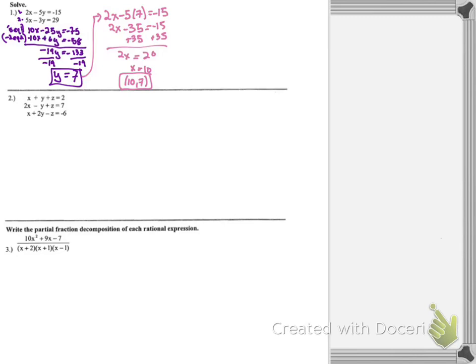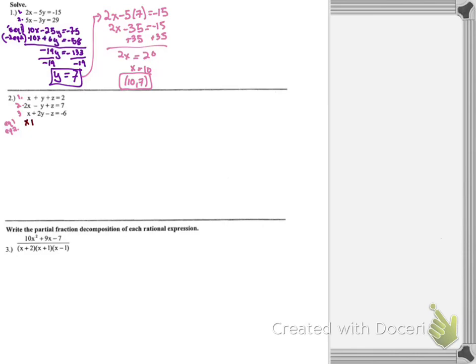Number 2. It seems natural to want to eliminate the z's first. When I did this, that's not what I did, but you're welcome to do it that way. I decided I wanted to eliminate the y's. So with this, I took equation 1 and equation 2, EQ1, EQ2, and then I just added them.